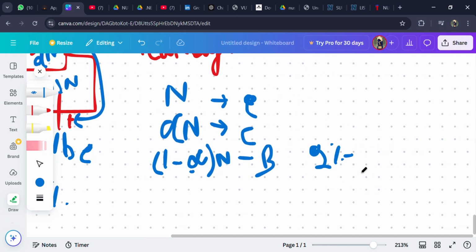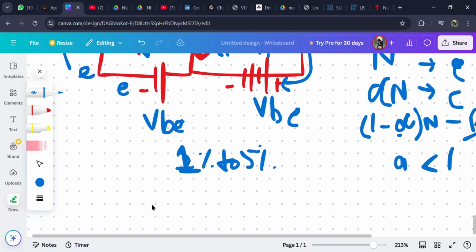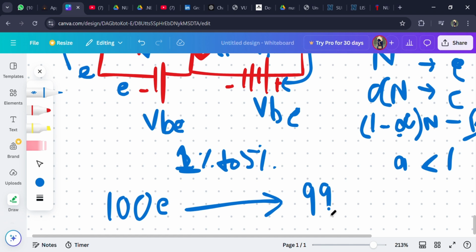So the value of alpha, in the case of this whole scenario, is always less than 1. Like if we are providing 100 electrons, at the collector side 99% of the electrons will reach.